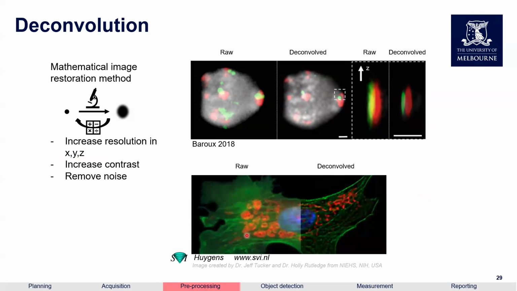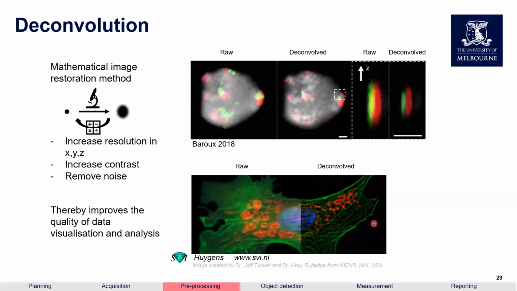During this process, deconvolution also increases the contrast and removes lots of noise, as you can see in this example. Altogether, deconvolution can improve the quality of data visualization as well as analysis.